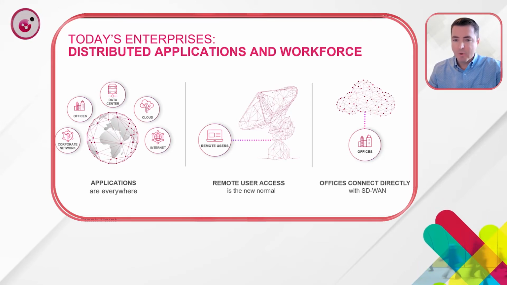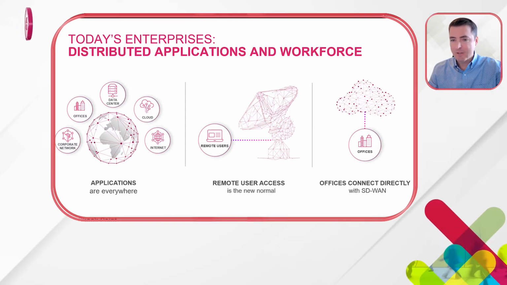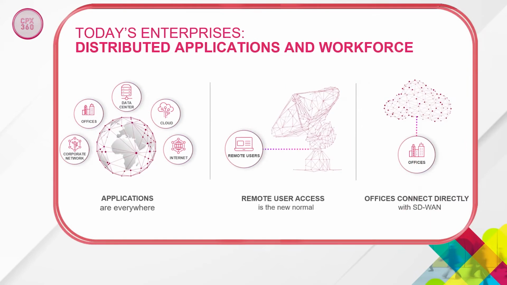Applications really are everywhere. They could be SaaS applications hosted outside of your data center. They could be applications hosted in the cloud, such as AWS, Azure, or GCP. They could be infrastructure as a service now delivered via AWS, or even branch offices that need to connect to applications that are hosted deep in your data center.